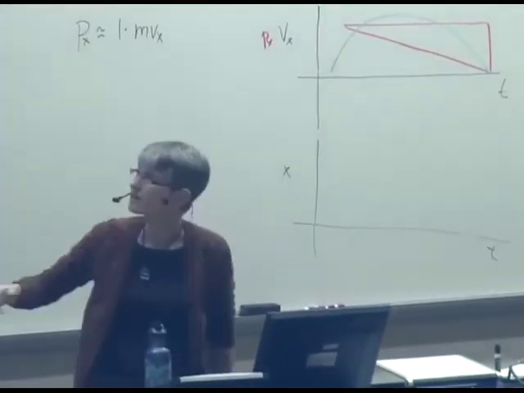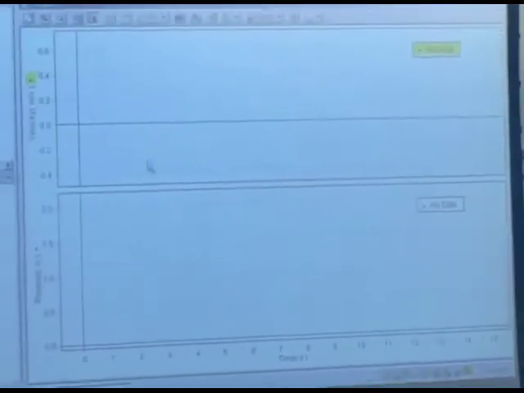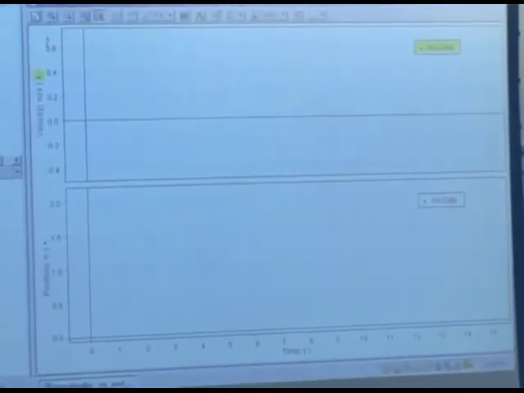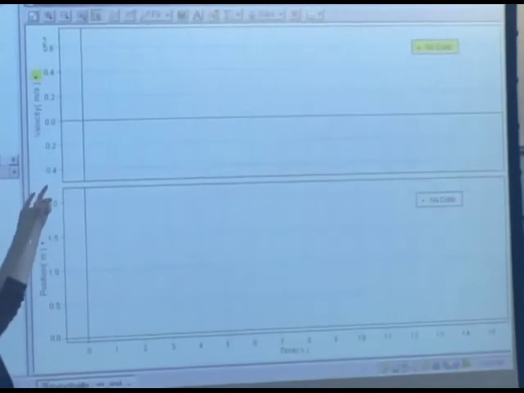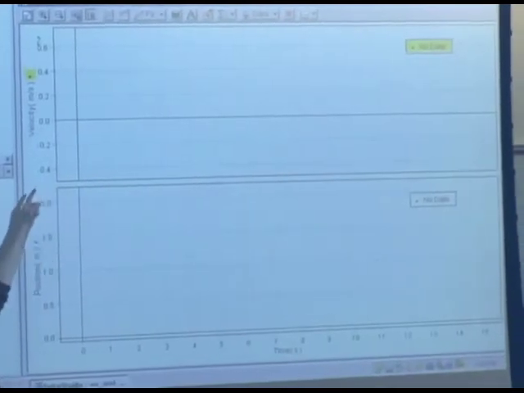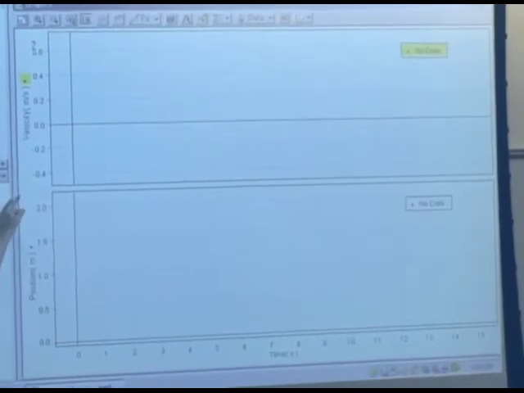This top graph here, the people who wrote the software were not very careful. It says the top graph is velocity, but velocity is a vector, and a vector has 3 components, and that's not a graph of a vector. So it's really a graph of what?